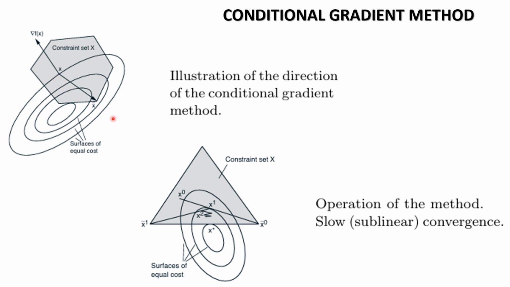This finds a point in X that minimizes the directional derivative of f at x, and in geometric terms you draw a line in the steepest descent direction, project it onto the boundary of set X, and find the point x bar that gives the most descent. So the vector x bar minus x becomes the search direction.